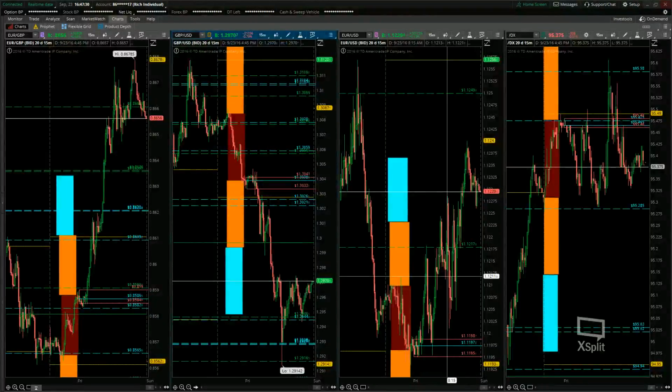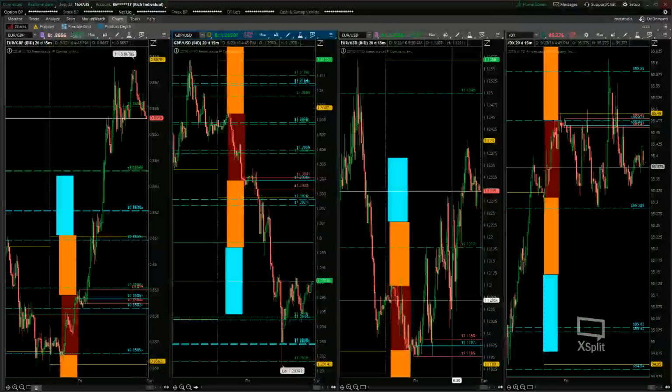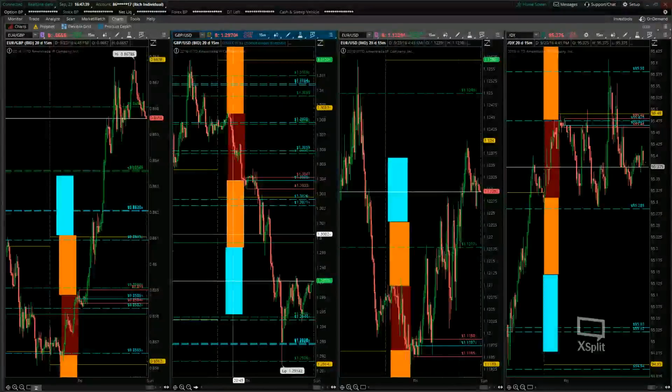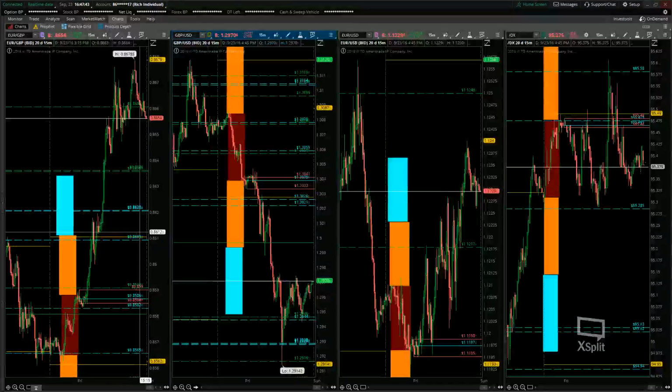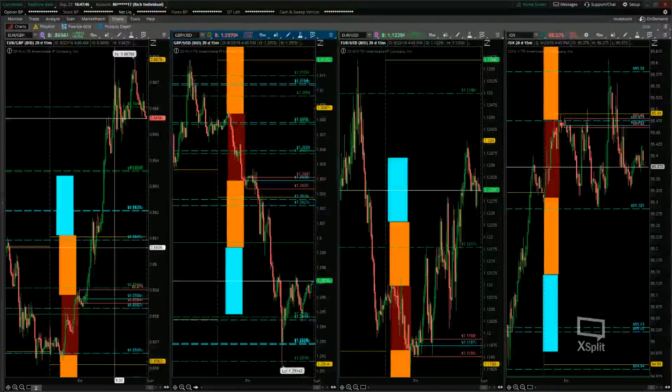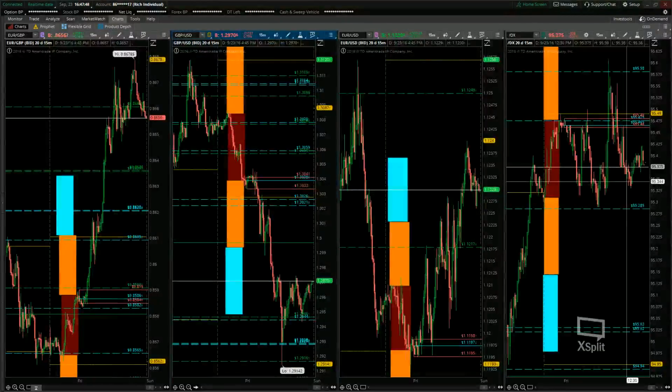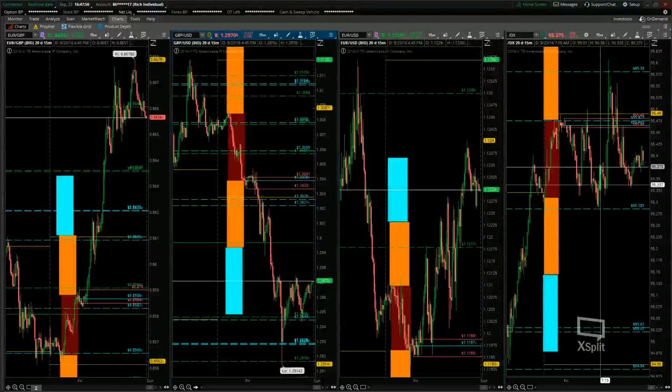Then you look over to the euro US dollar, and you see more choppiness, and that choppiness is these two guys allowing them to do their move in the market that they need to do. You see the dollar over on this panel, and it's choppy as well.